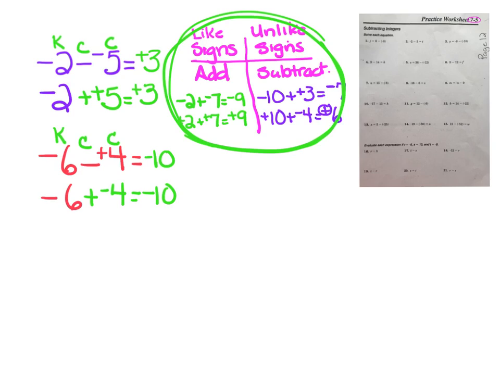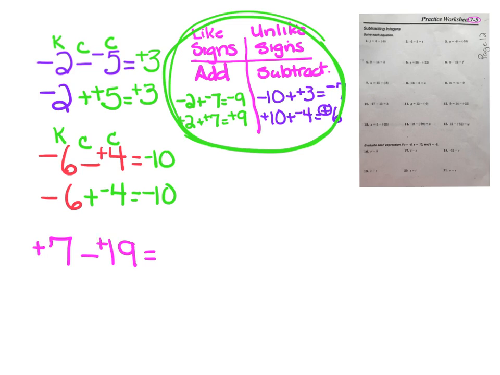Let's try one more. Make sure you're copying down the notes on the blank back side of page 11. 7 minus 19 equals blank. Well, we know this is a +7 and we know this is a +19.